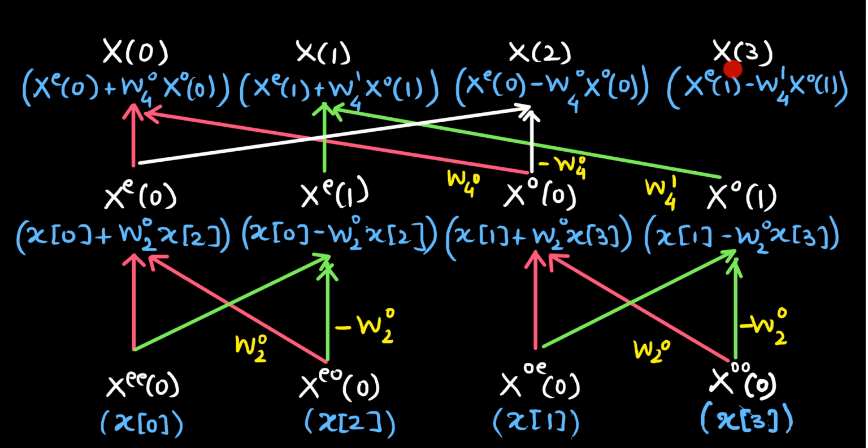Similarly, if we consider this x of 3, it is x e of 1, that is this point here, and x o of 1, that is this point here, and now we have the scaling factor of minus w4 to the power 1. So we have it something like this. This point here, that is x e of 1, and this x o of 1, but with a scaling factor of minus w4 to the power 1.